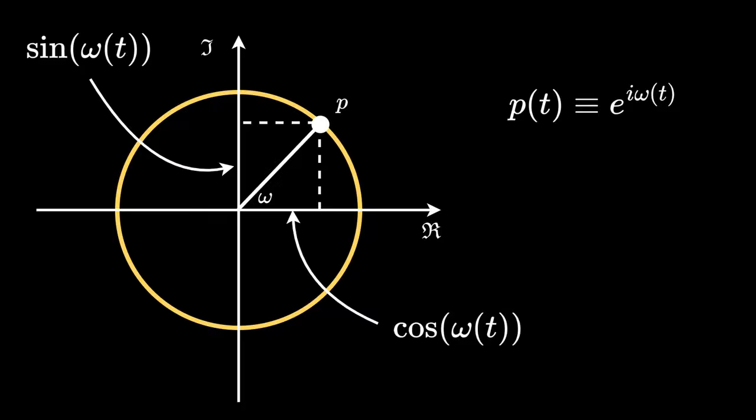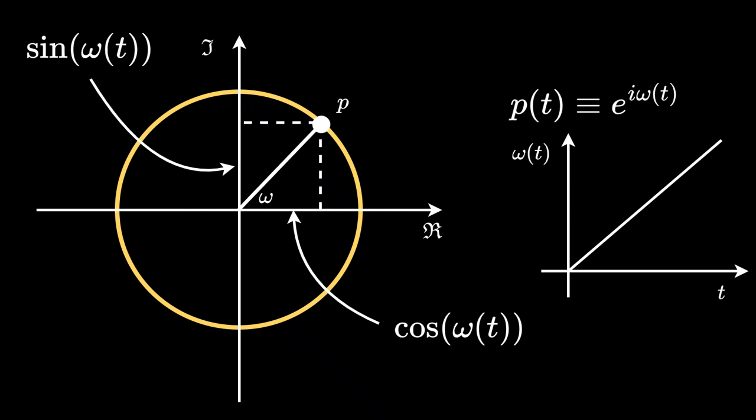Angular velocity is essentially how much you turn in a given time. So we will take it as a constant value. As a result, both projection functions, sine and cosine, also become functions with constant angular velocity.